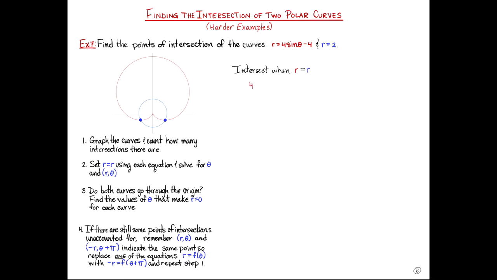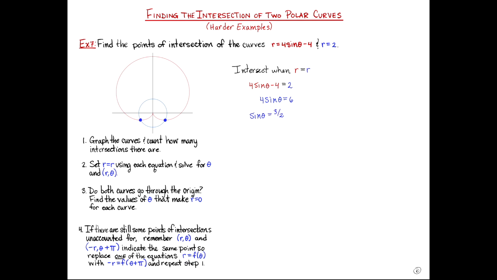Setting our curves equal to each other, we have 4 sine theta minus 4 is equal to 2. Let's add 4 to both sides, giving us 4 sine theta is equal to 6. Solving for sine theta, we have sine theta is equal to 3/2.